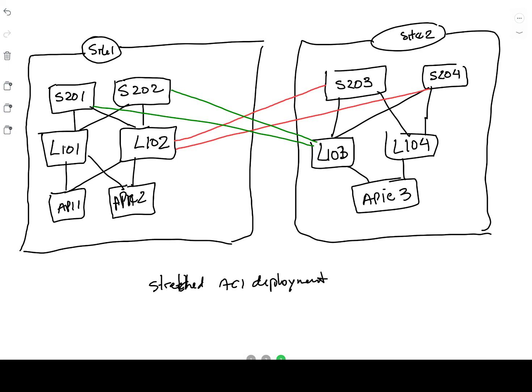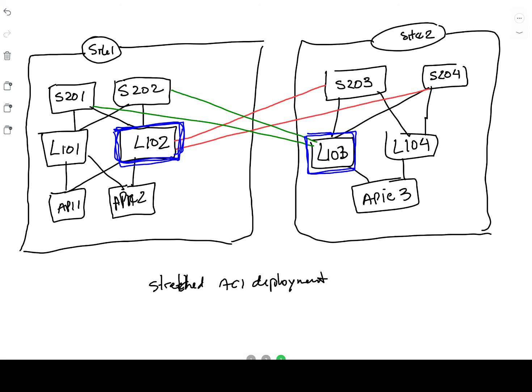And what makes this design a stretch design deployment is the use of a new role that is called transit leaf. You see, transit leaf, I'm in blue. This is a new role that we are adding on the ACI design on top of those 4 initial roles.